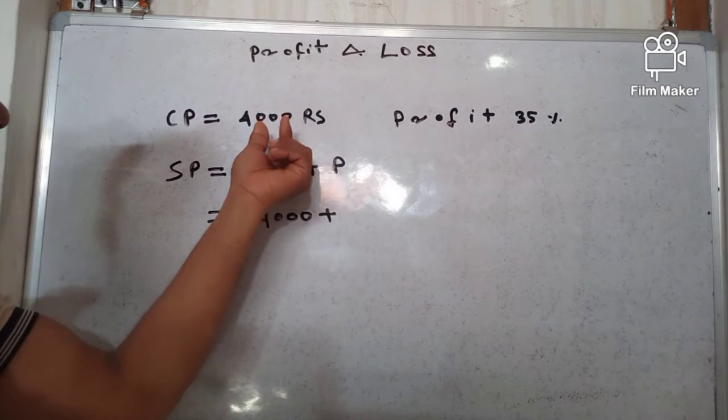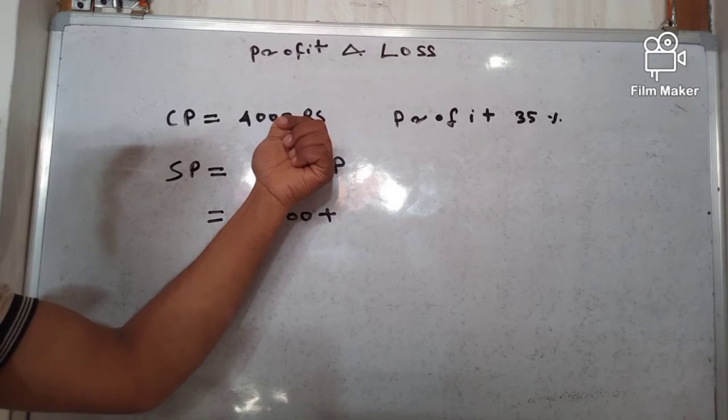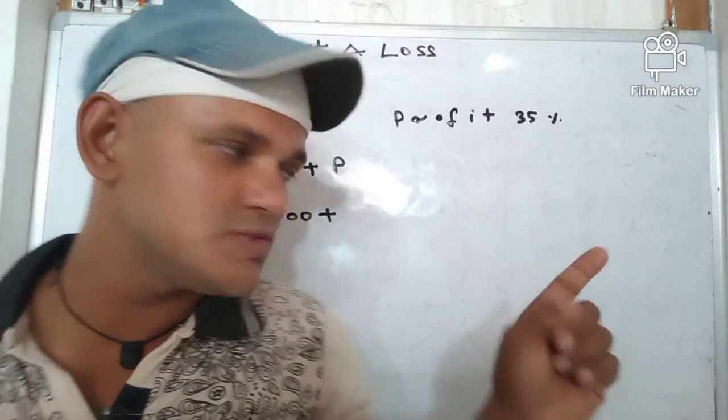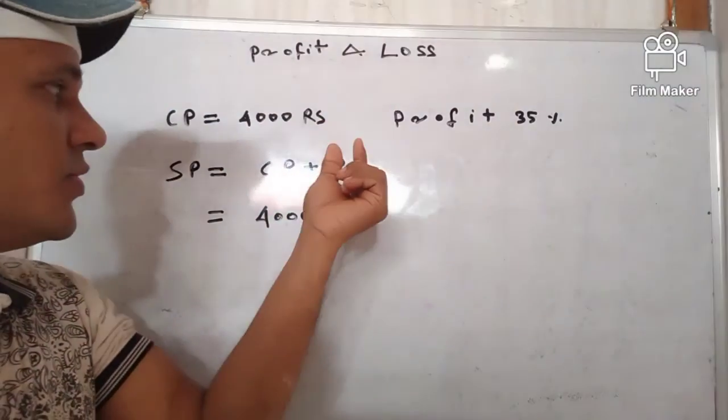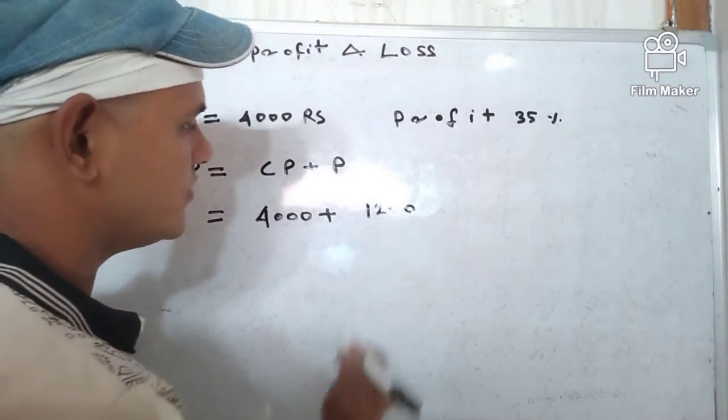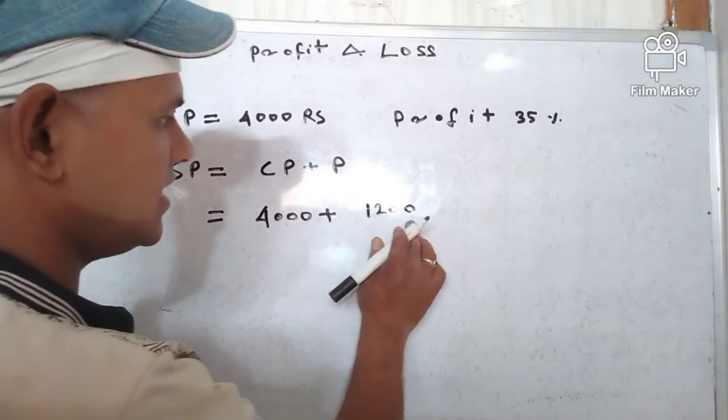What about 35%? 10% will be 400. 10 into 3 will be 30%, so 4 into 3 will be 1200.